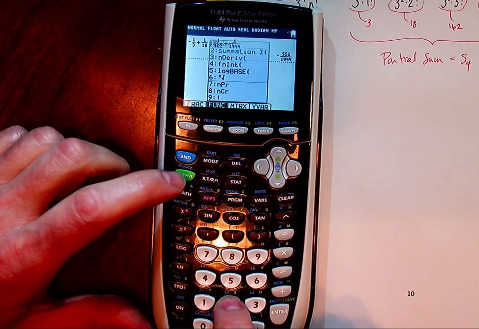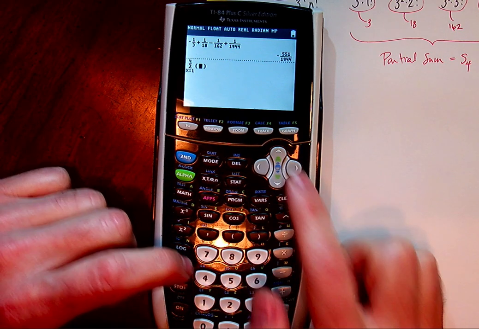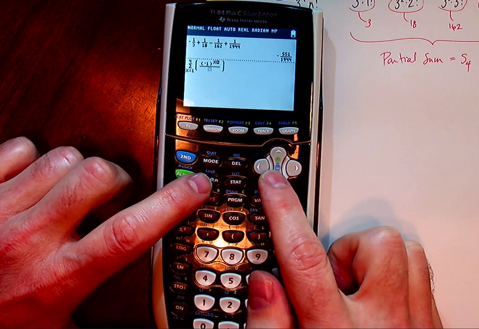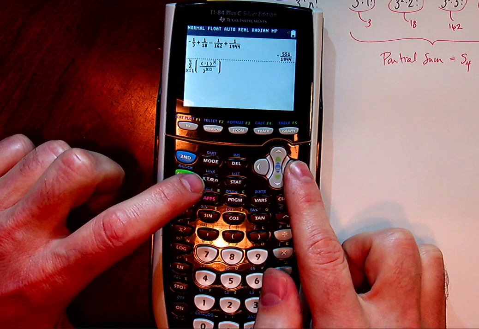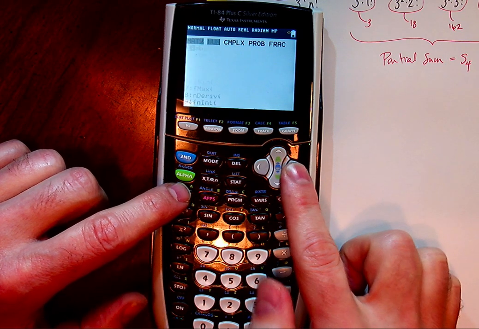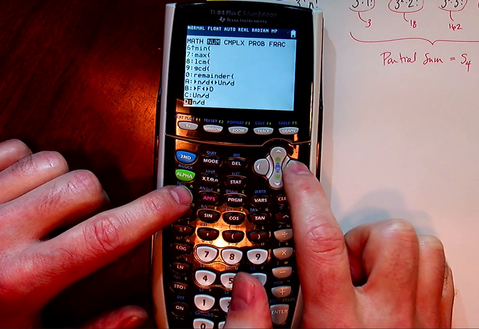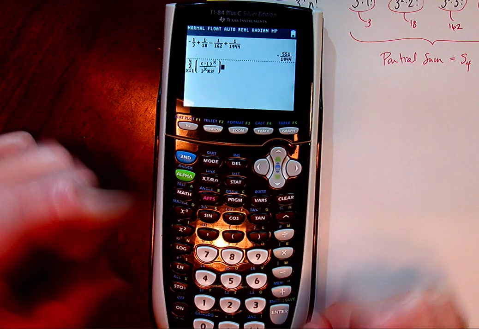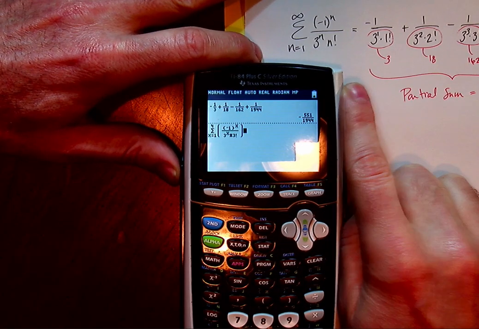We could, however, use the calculator to sum up the first 4 terms of negative 1 to the n over 3 to the n times n factorial, with n from 1 to the 4th. And we double check, make sure that that is exactly what we have here, and it is.